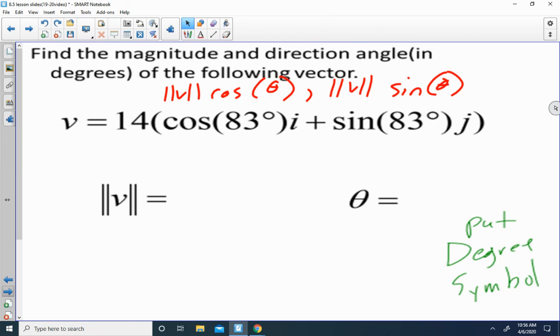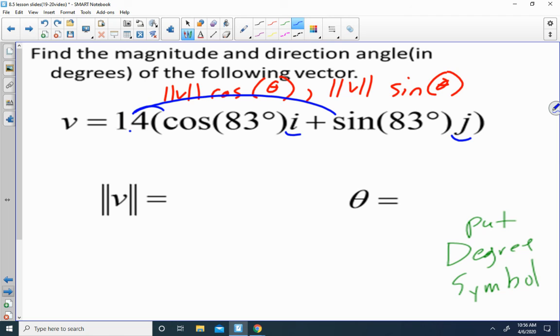But they've factored the magnitude out to the front. If you distribute it back to where it should be, it will look just like the formula. And for right now, ignore the i and the j.